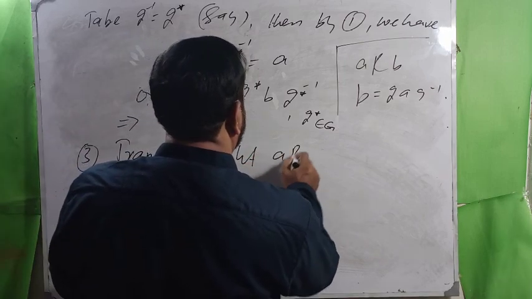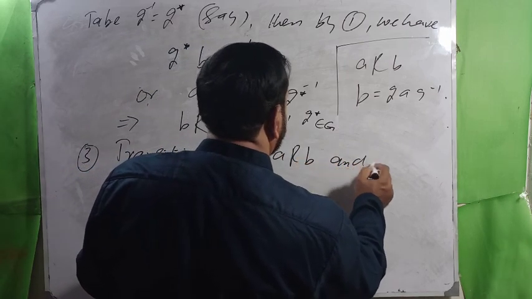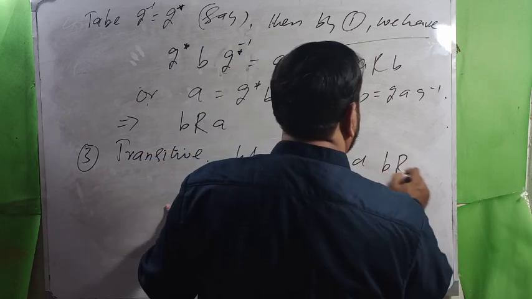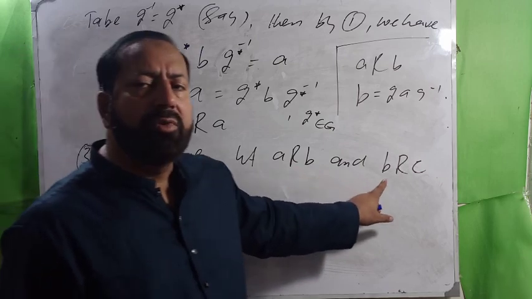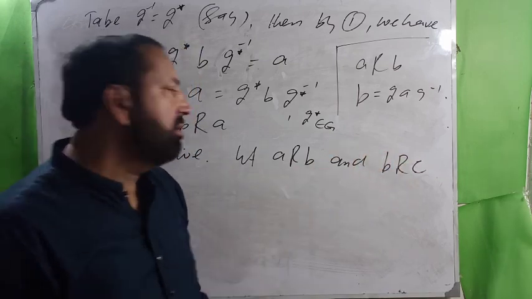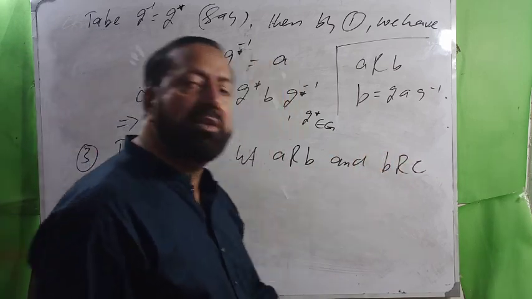Let A be related to B and B related to C. Of course, you will find some G1 and G2 to settle the definition for these two symbols.